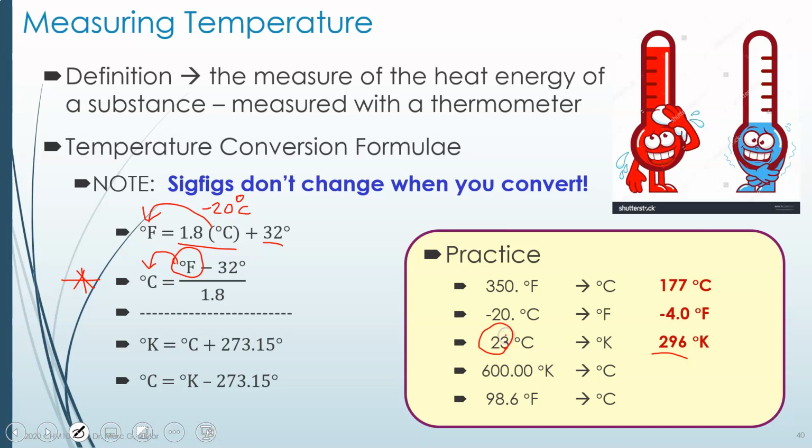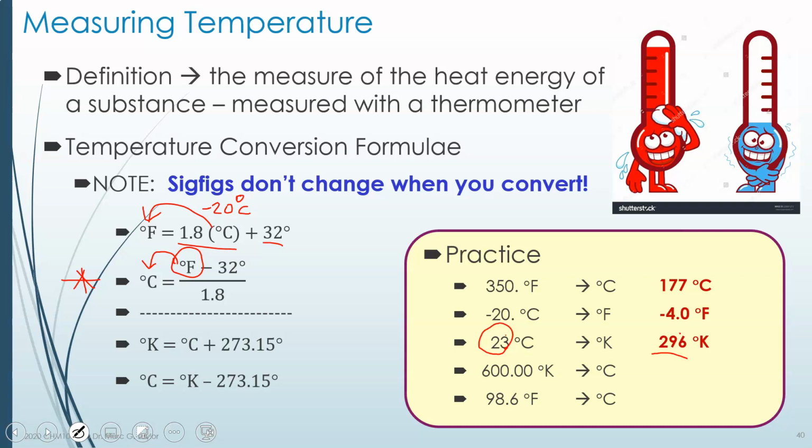So we went to the nearest 1, we're going to go to the nearest 1. So sig figs in this case doesn't really mean sig figs, it means decimal places. If you had it to the nearest 1 degree, you still want it to the nearest 1 degree Kelvin. I'll leave the rest of these up to you, but I'm going to stop for just a second here. You can pause it if you'd like to do the other two.